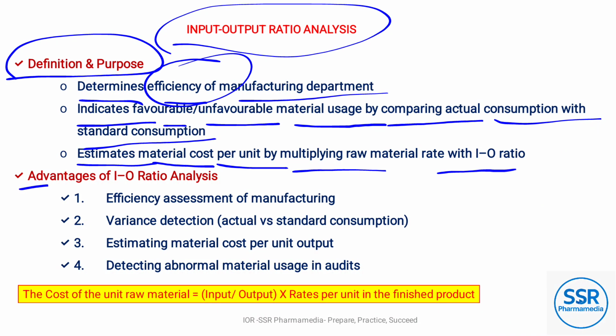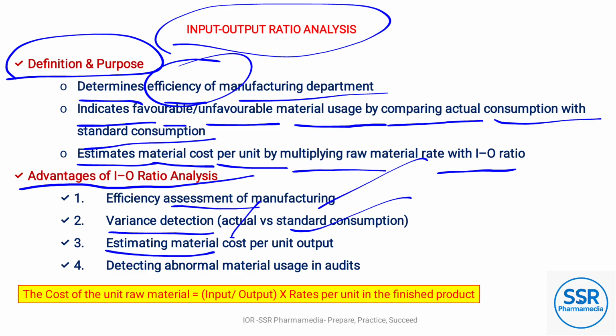So, advantages of input-output ratio analysis: efficiency assessment of manufacturing; variance detection, actual versus standard consumption; estimating material cost per unit output; detecting abnormal material usage in audits.